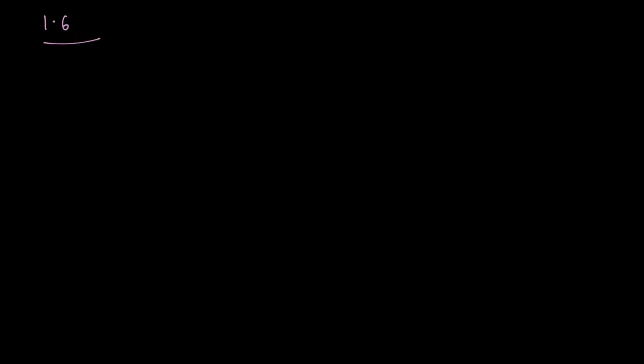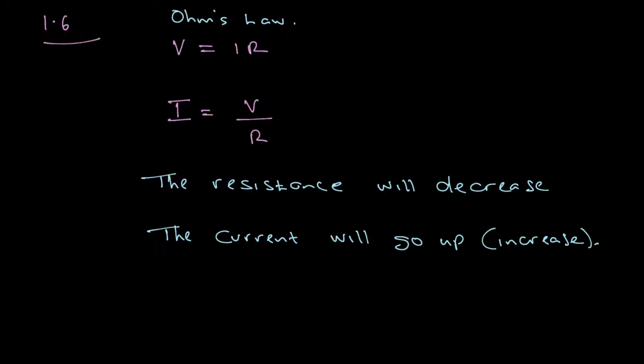Question 1.6. The temperature of the component in figure 2 increases. The potential difference across the component remains constant. Explain what happened to the current in the component. I'm going to apply Ohm's law here. V equals IR, and if I divide both sides by R, the R cancels out and I get I equals V over R. Now, as the temperature increases, the resistance will decrease.